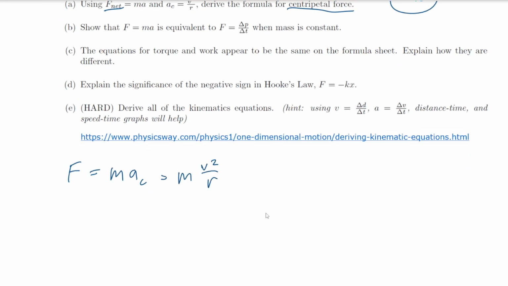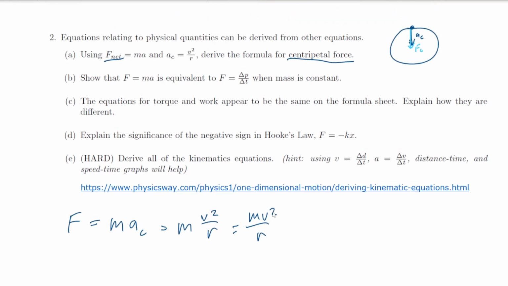And when we have m times this fraction, it's the same as writing it as mv squared divided by r, where m is the mass in kilograms of the object undergoing circular motion, v is the speed at which it is going in that circular motion, and r is the radius of that circular path. Right, so all we did was substitute centripetal acceleration in for a in Newton's second law of motion.